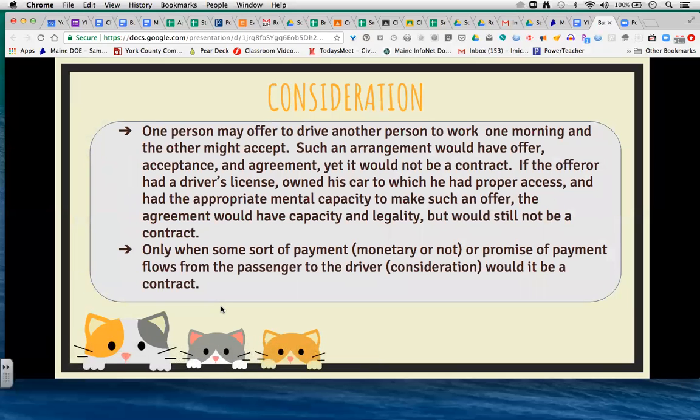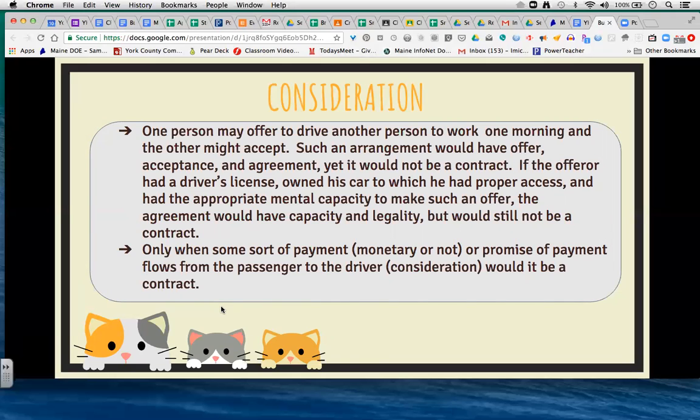One person may offer to drive another person to work one morning, and the other might accept. Such an arrangement would have offer, acceptance, and agreement, yet it would not be a contract. If the offeror has a driver's license, owns his car to which he has proper access, and has the appropriate mental capacity to make such an offer, the agreement would have capacity and legality, but still would not be a contract.